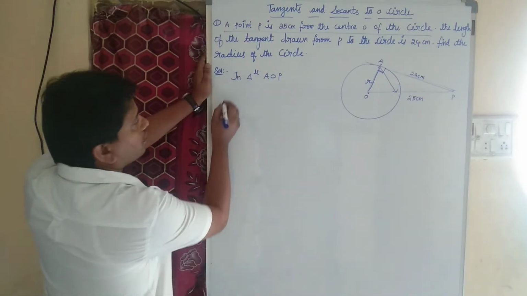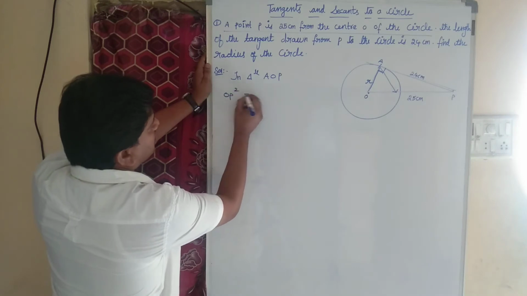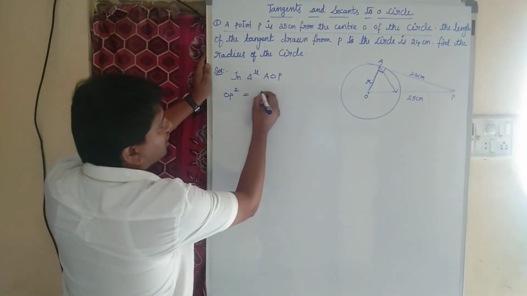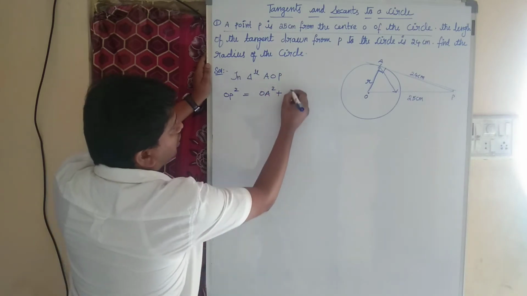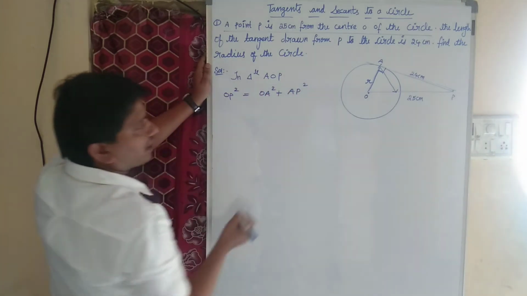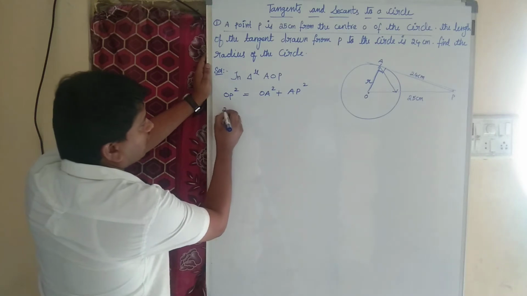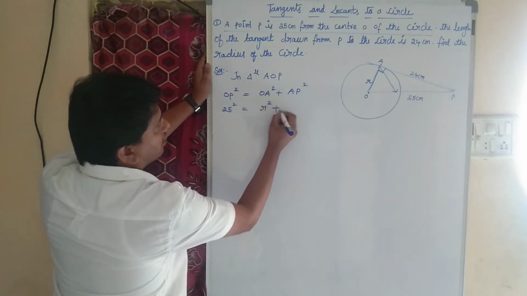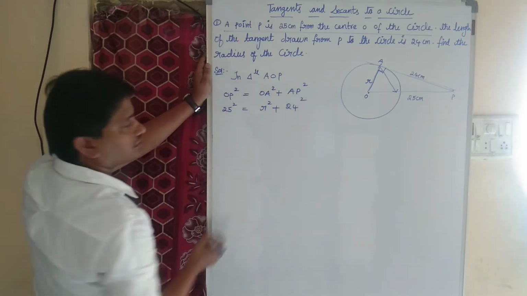OP is the hypotenuse. So according to Pythagoras theorem, square of hypotenuse equal to sum of the squares of other two sides. OP square equal to OA square plus AP square. So OP is 25. So 25 square equal to OA is R square plus AP is 24.